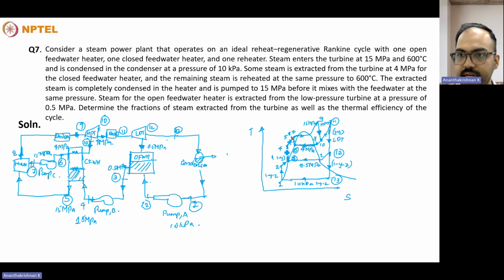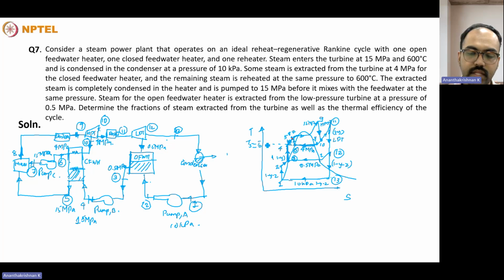This is an ideal reheat regenerative cycle, so this particular point 5 will be at the same temperature as that of point 6. Basically point 5 will be the same as point 6.